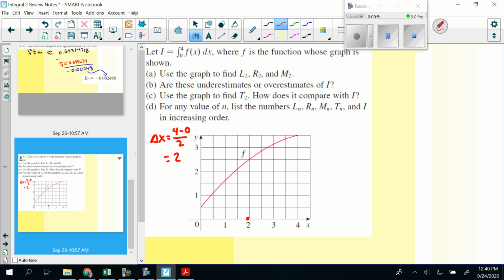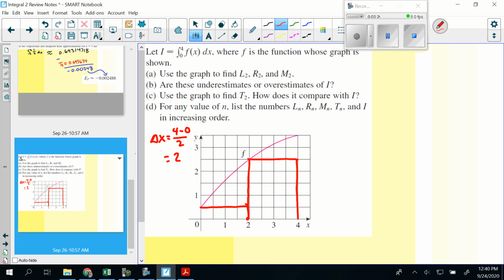So using left endpoints, where the left side is our height, that would be this rectangle for that one. And then the other rectangle would have the height on the left side here, so that rectangle. So if we add up these two rectangles, what is that going to be?